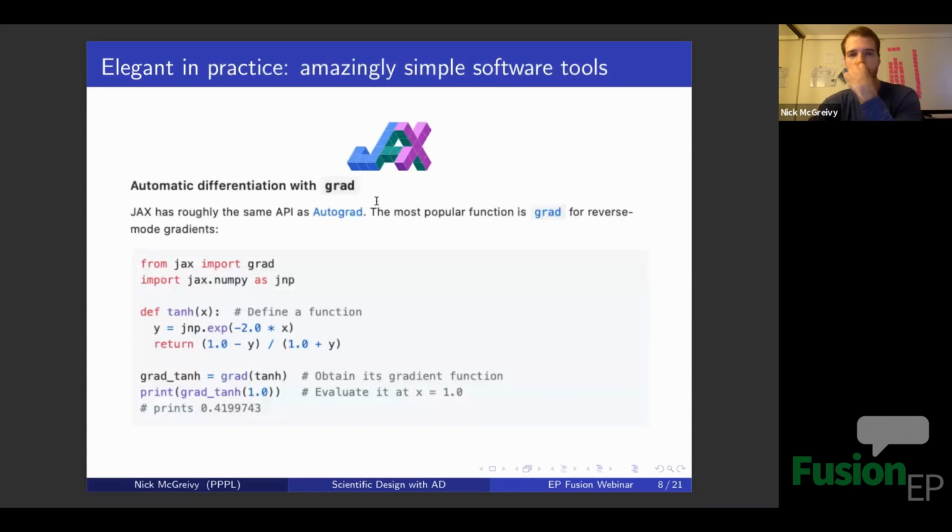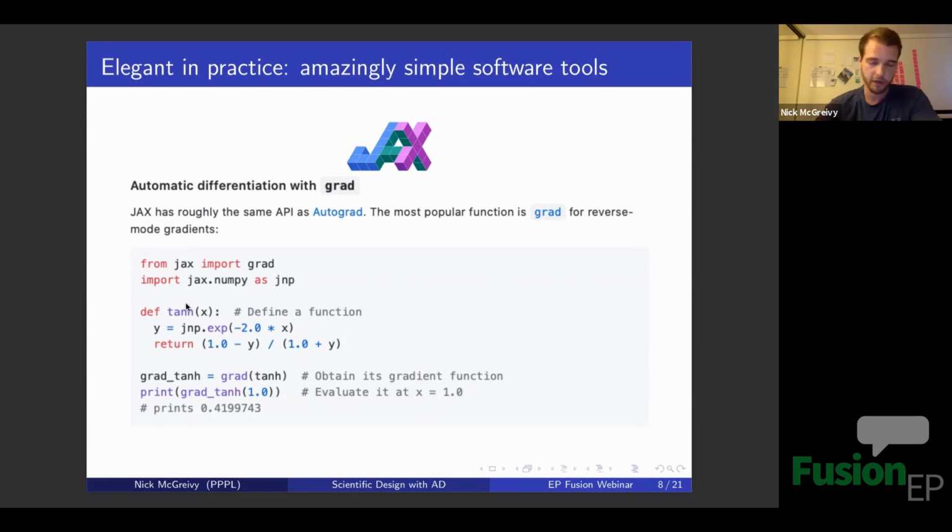Now, in practice, AD is very elegant as well. There are software tools that have made computing the gradients of functions very simple from the user perspective. This is my favorite library, and a lot of people like this one, and it is called JAX. JAX basically feels like numerical Python, in that this is some arbitrary function.